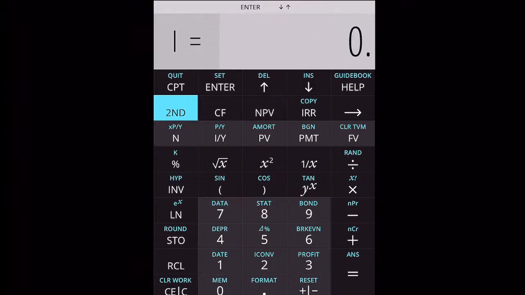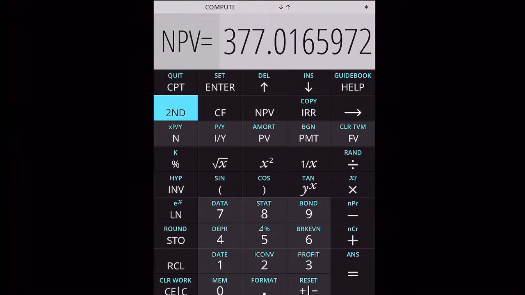Then as for NPV, you have to enter 10, enter, down, and then ask for NPV, compute. We did this before, but anyway, if you're learning now, that's good.